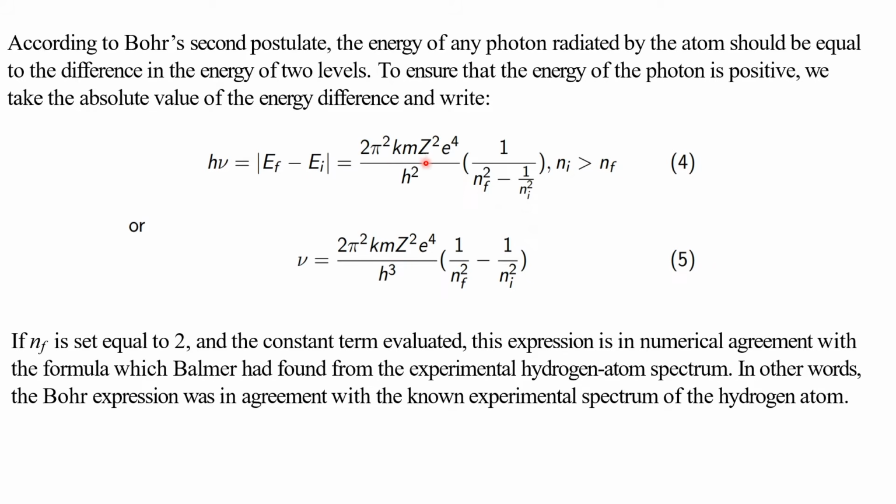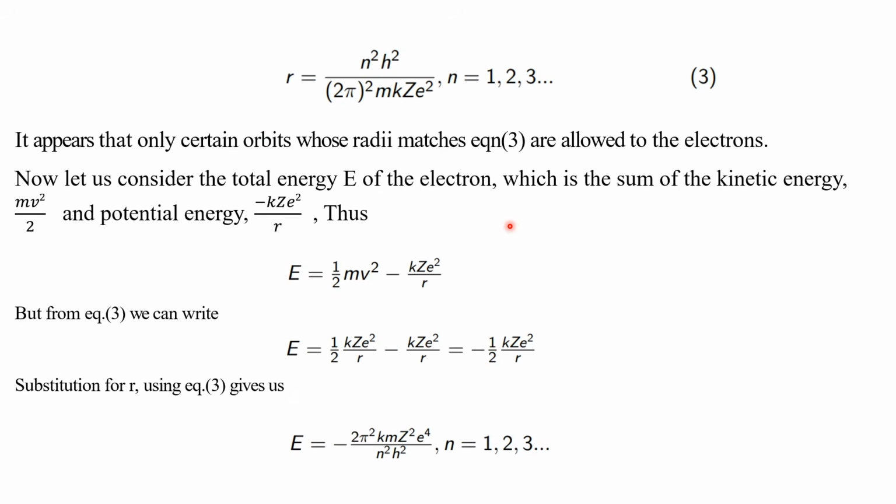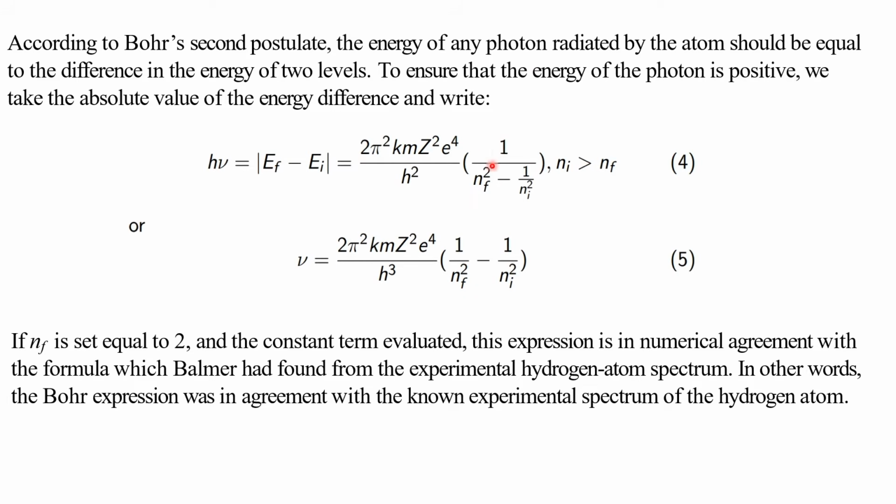H nu is 2 pi square k m z square e to the 4 by h square times 1 by nf square minus 1 by ni square. So, this is the correct expression.